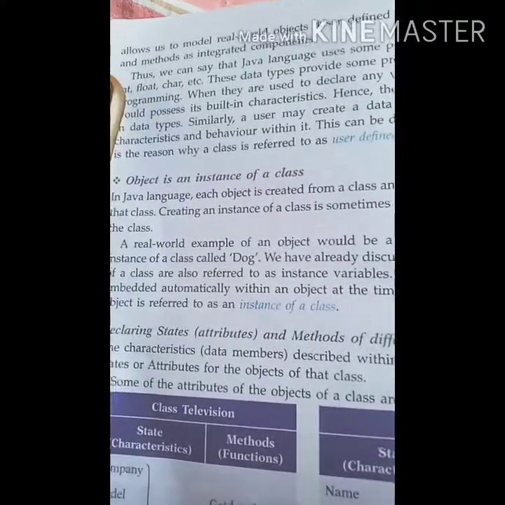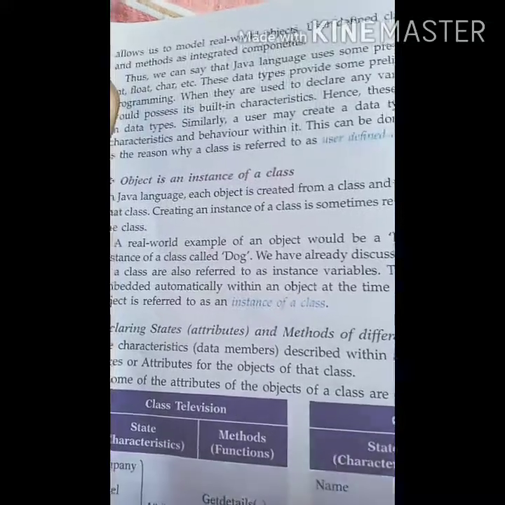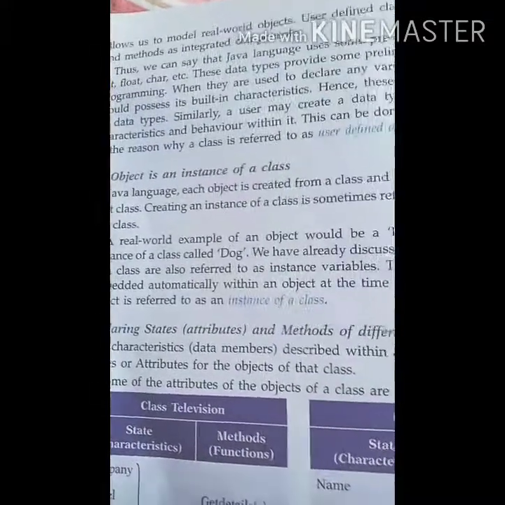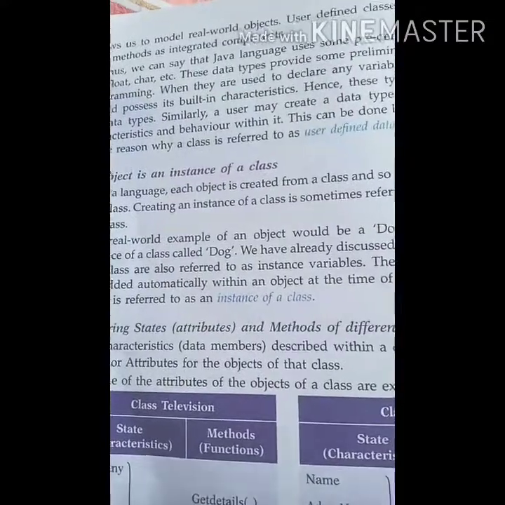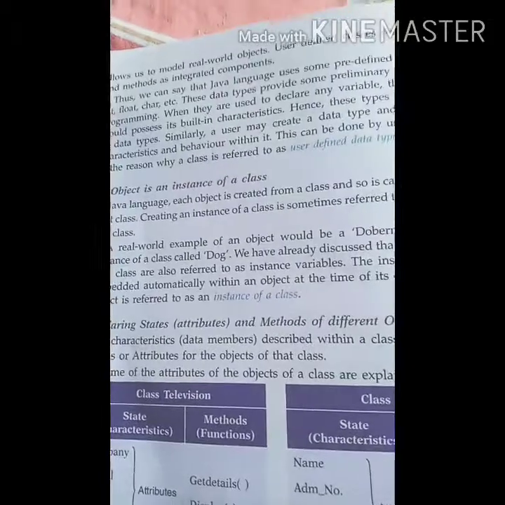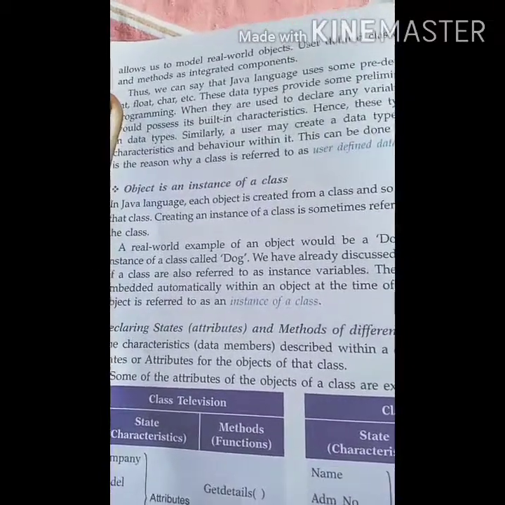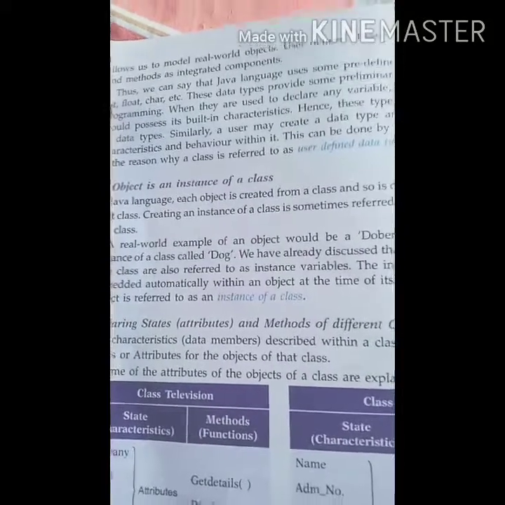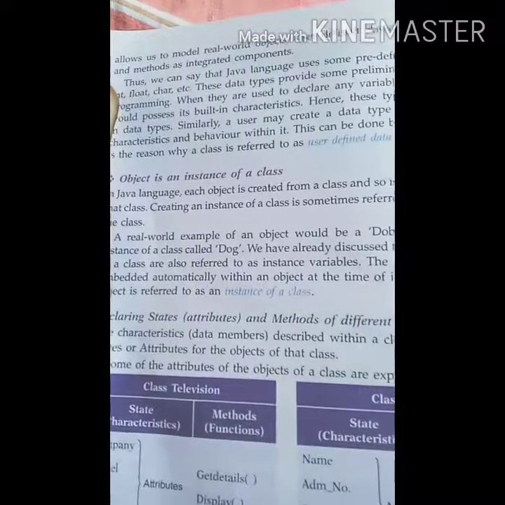For example, a student class should have objects: name of the student, class of the student, roll number, mobile number, address. All these are objects of the student class. So we can say an object is an instance of the class.